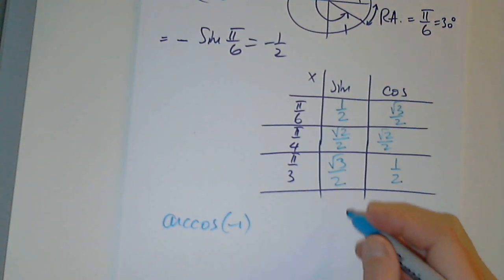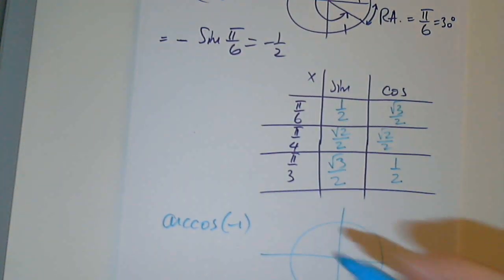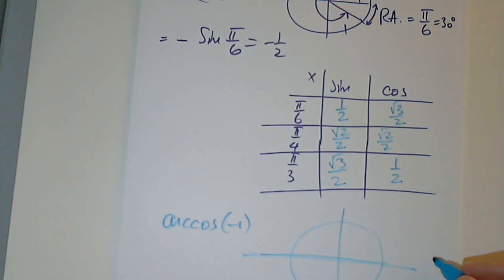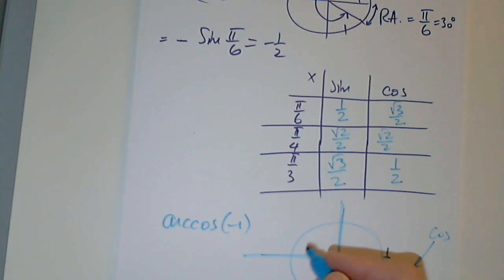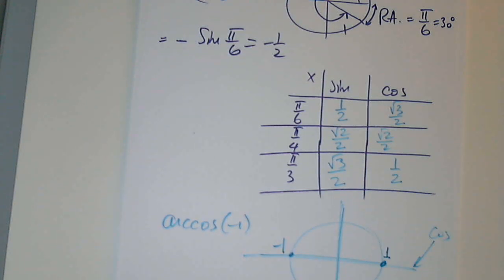Where do we measure cosine? Very good. So cosine is measured here, and sine is measured here. Sine is the height, the opposite, and cosine is the adjacent. So that's why we measure cosine horizontally, and sine we measure vertically. So now the question is, where is cosine negative 1? If cosine is measured on the x-axis, it must be 1 here, and it must be negative 1 here.